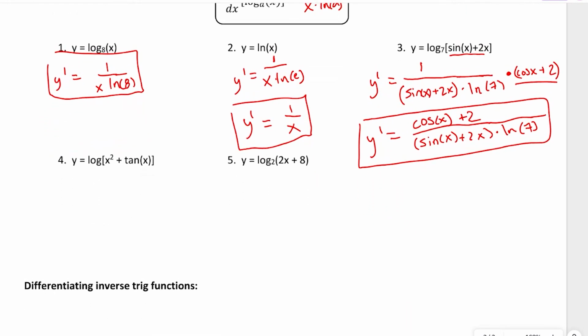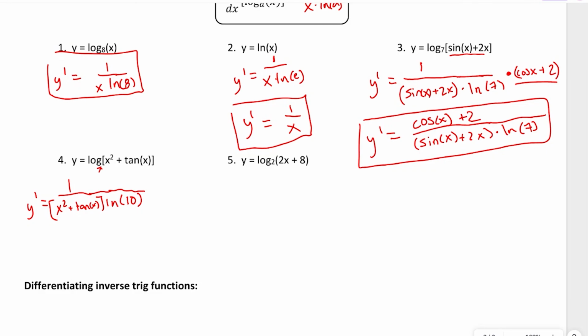Number 4, we're going to use chain rule one more time. So y prime is going to be 1 over x squared plus tangent x times the natural log of the base here, which isn't written. No base written here, so there's an implied base of 10.